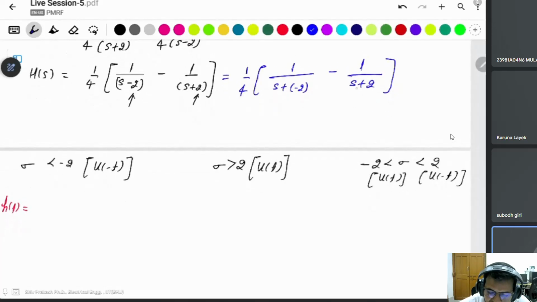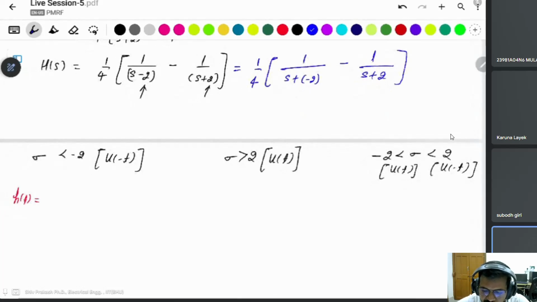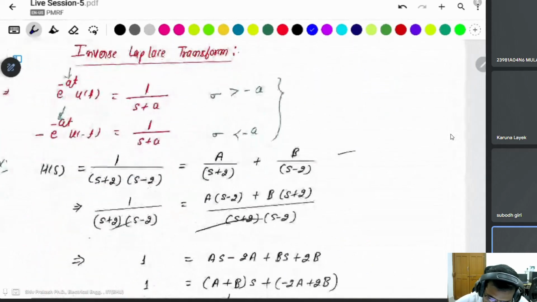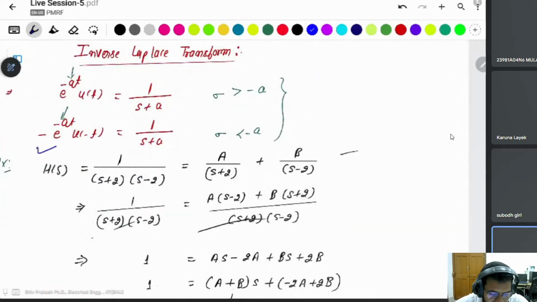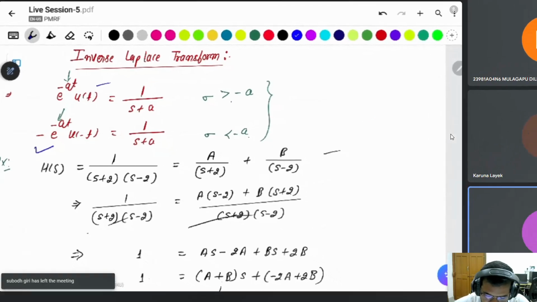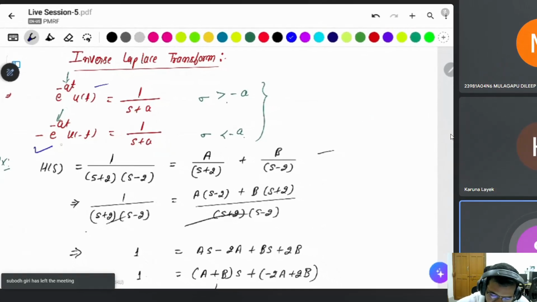Both are plus, then in place of 2 put minus 2. For minus t, u of minus t is less than 0. Because of less than there, greater than there, you have to choose this equation. For the less than, you have to choose this one, minus e power minus at u of minus t.